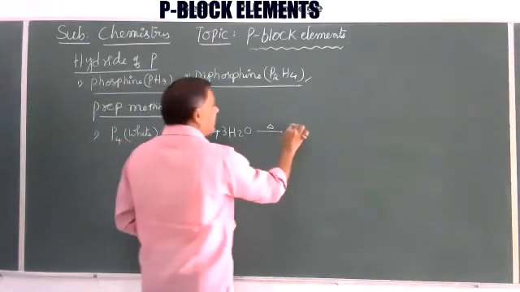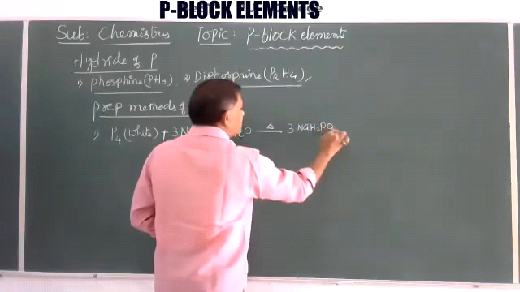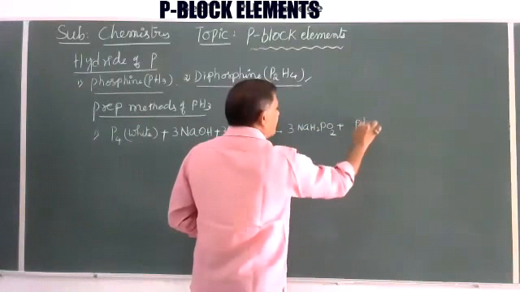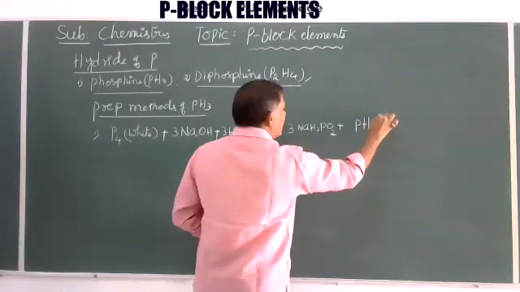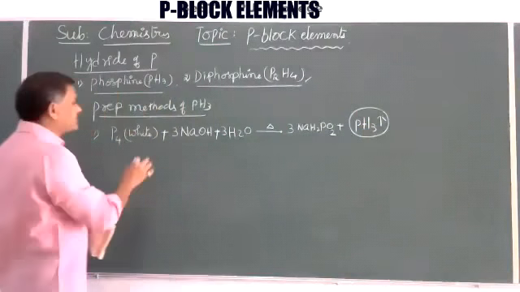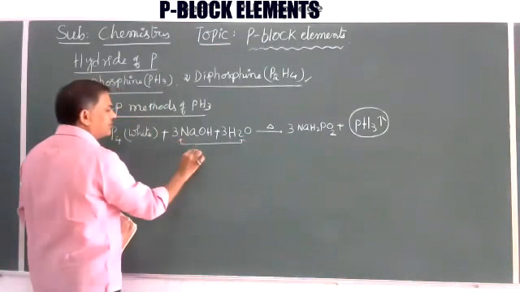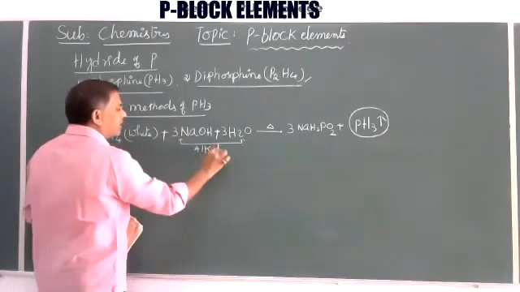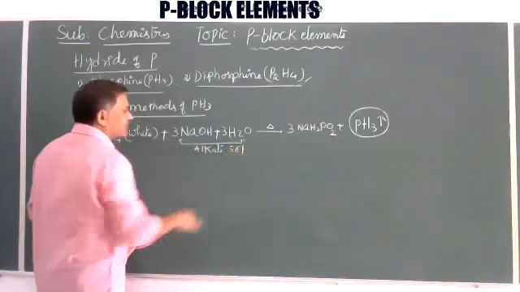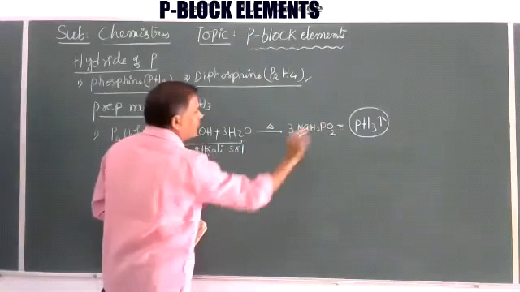On heating, we'll get 3 NaH2PO2 plus PH3, phosphine gas, is produced. The phosphorus atoms, 3 and 1 times 4, are balanced.